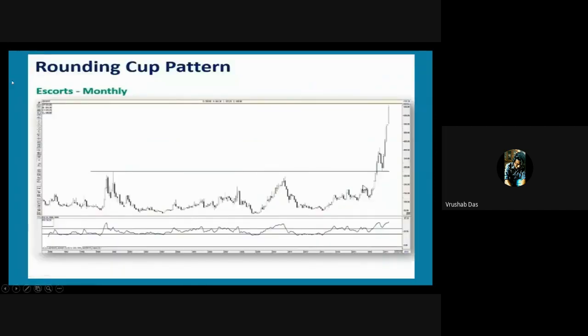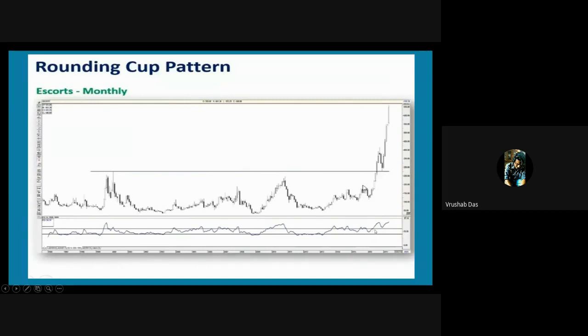This is an example of the rounded cup pattern on the Escorts monthly chart. You can see the base has been created. The cup size was very long. If the cup distance is more, then the chances of reversal are increased. And here I'm not just talking about the cup, but the RSI movement also.